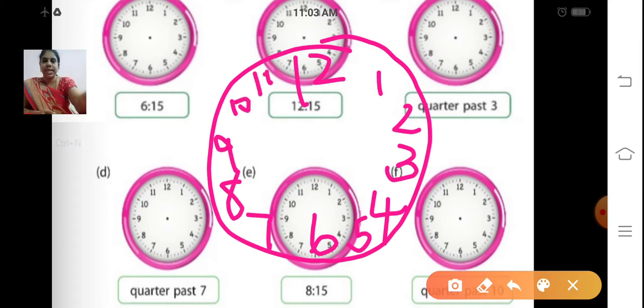The bigger markings represent hour markings. The smaller markings between two hour markings represent the minute markings.